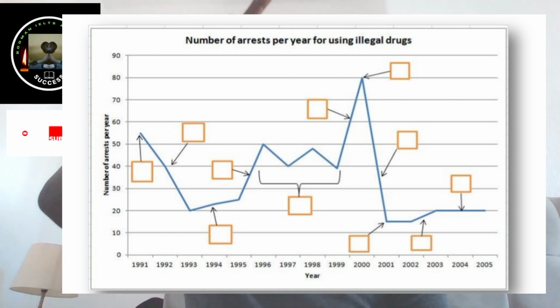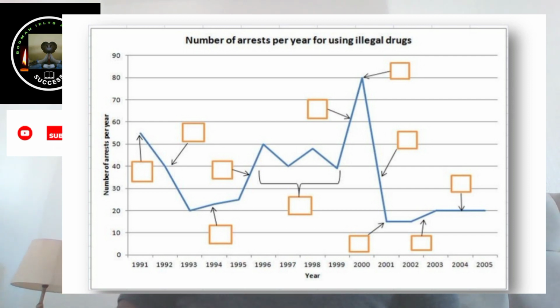When something goes down and it is a big decrease, you use fell significantly. Now, if you look at this graph again, where can you use fell significantly? A lot of places.